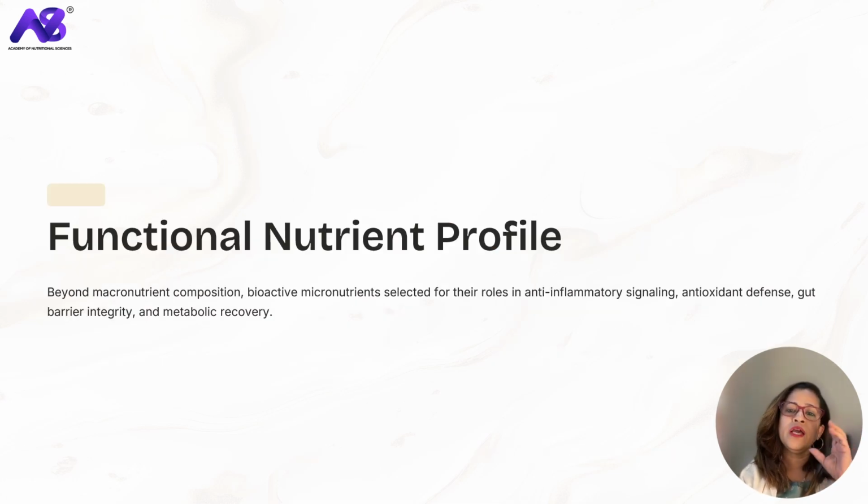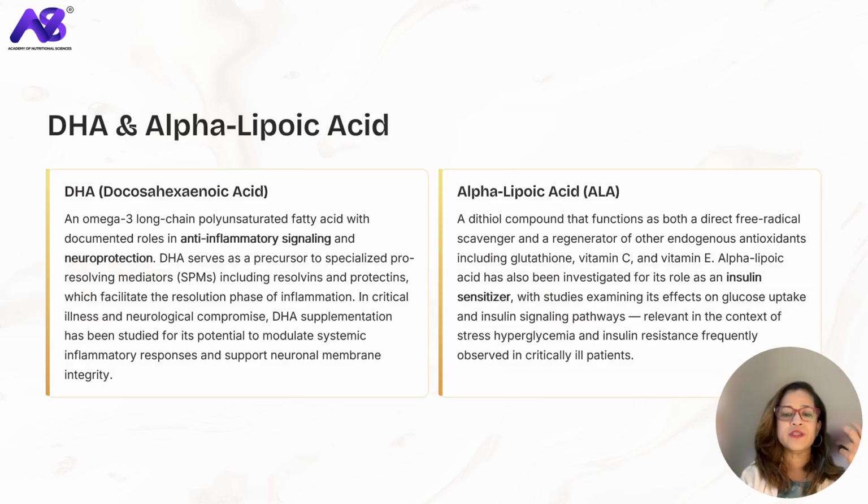Also look at other aspects, besides macronutrient formulas; look at the micronutrients which support physiological processes. It could be anti-inflammatory signaling, it could be something that helps the intestine. There could be many things. One aspect that I found particularly useful is the role of DHA and ALA.